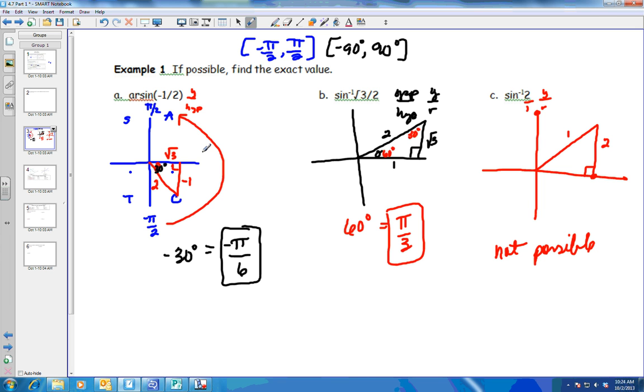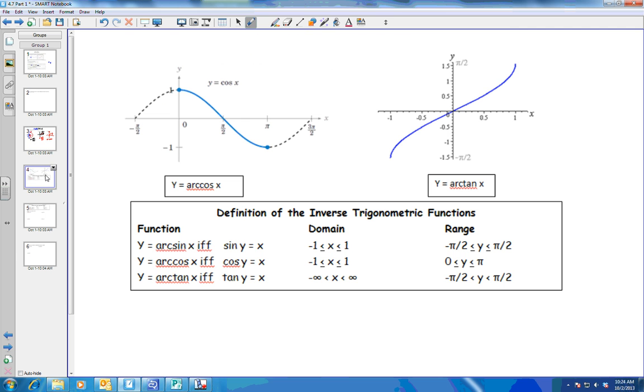Okay, so we've talked about sine, so what about cosine and tangent? So cosine and tangent, okay, I could have showed you the entire graph, but I just showed you the part where they restricted the domain to make it a one-to-one function so that we can have an inverse. So for cosine, we had to restrict the domain from 0 to pi, okay?